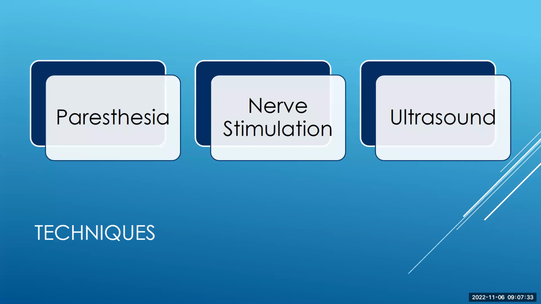There are some issues with vein compression if we're pushing too hard with the probe, but nonetheless, it does help us surround the nerve with local anesthetic in a much more accurate manner. But again, it can also be confusing, as can some of the anatomical variations with patients. So we'll go over the various techniques, mostly concentrating on nerve stimulation and ultrasound.